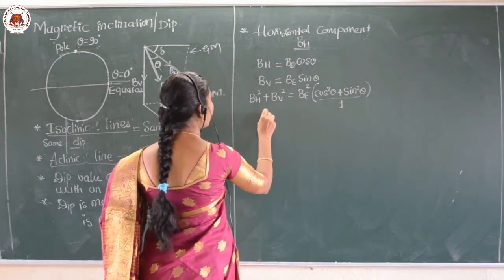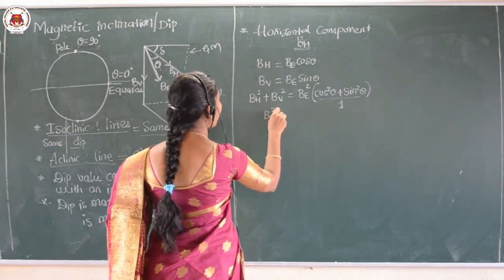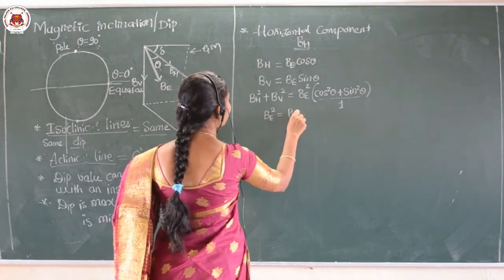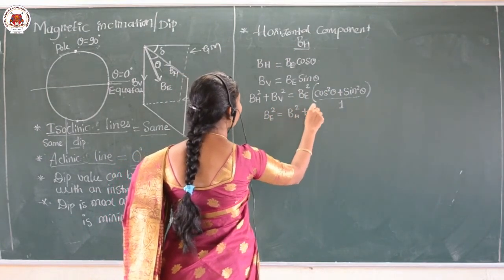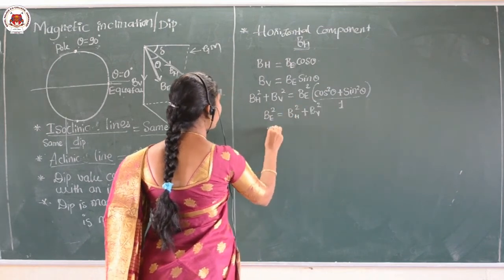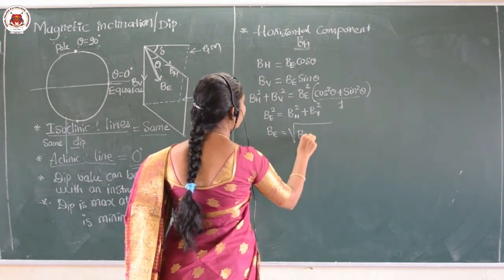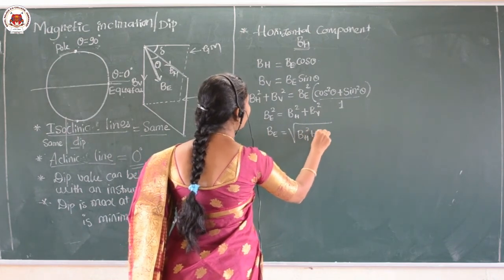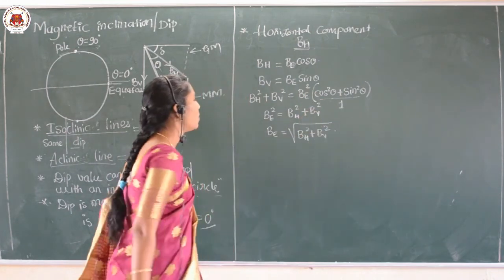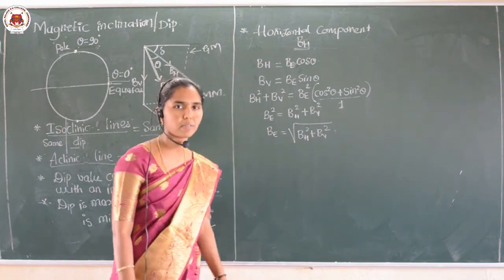Then BE square is equal to BH square plus BV square, so BE is equal to root of BH square plus BV square.